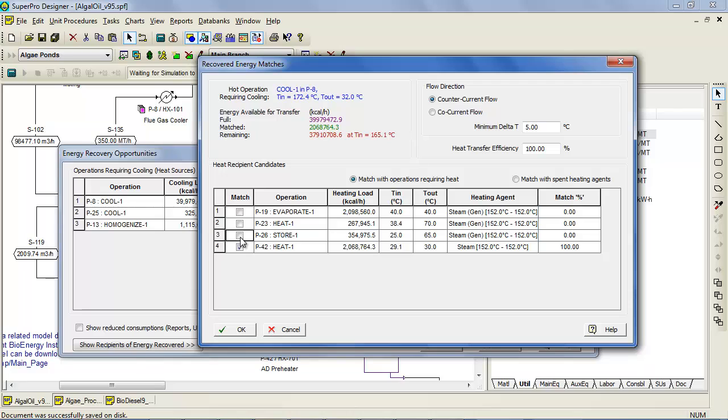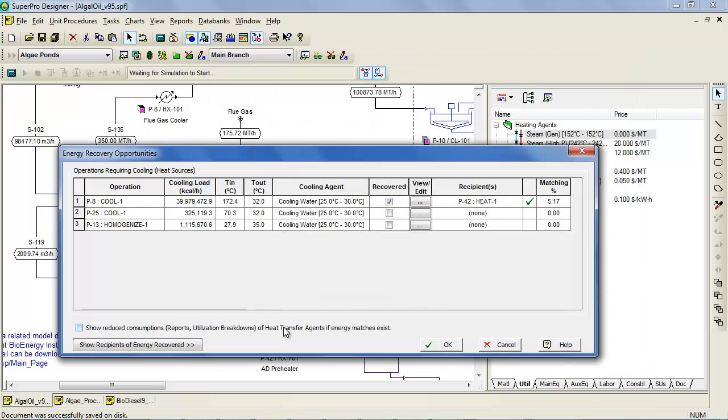However, since we have already accounted for the heat requirements of the evaporator, degumming heater, and degumming storage tank with the Steam Gen utility that was described a few minutes ago, there is no need to account for their heat requirements here as well. This heat recovery dialog and the use of a pseudo-utility such as Steam Gen are simply two different methods that could be used to account for energy recovery.